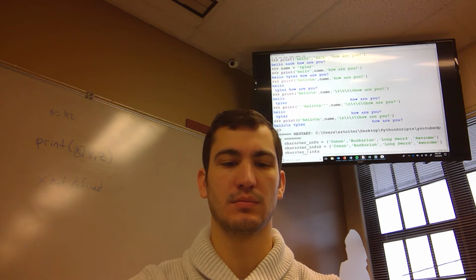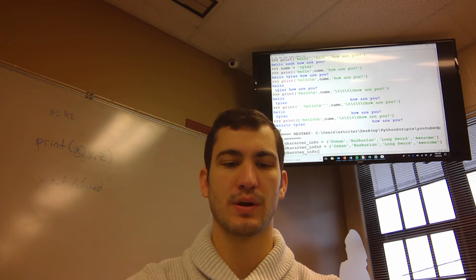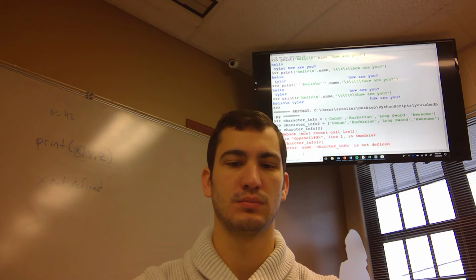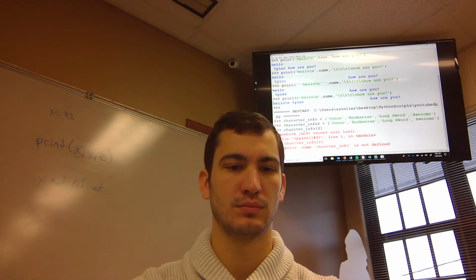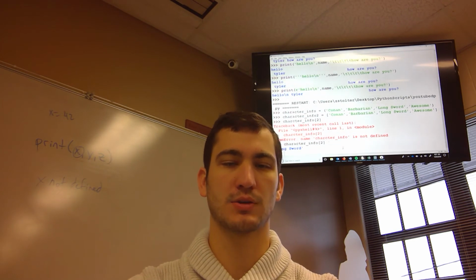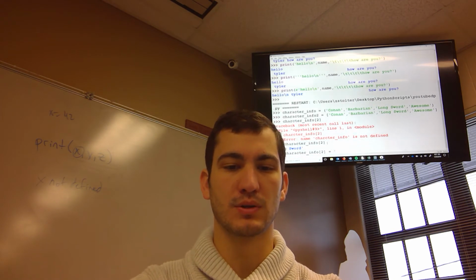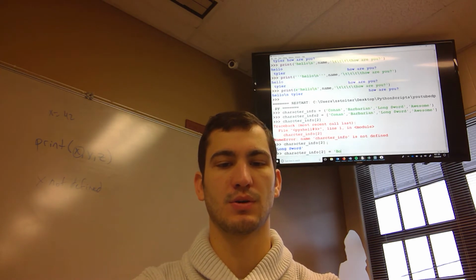Character info. Let's go with 2. I can't spell. Character info 2 is longsword. And let's say he actually gets a bow. So he gets bow. Let's just go archer.